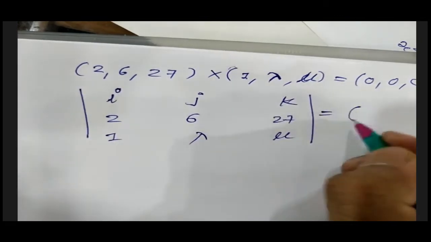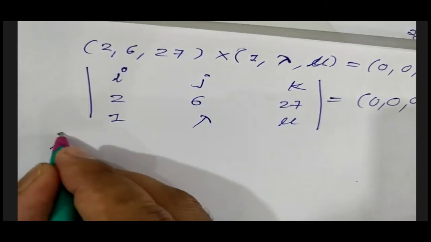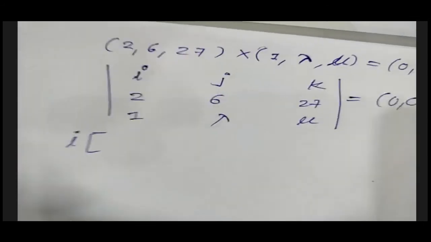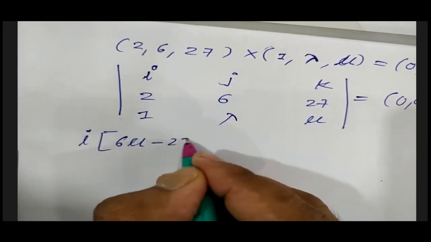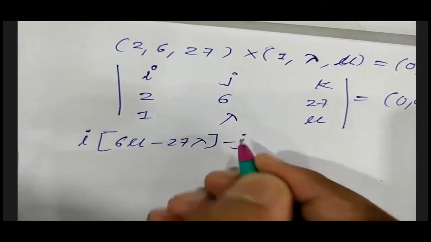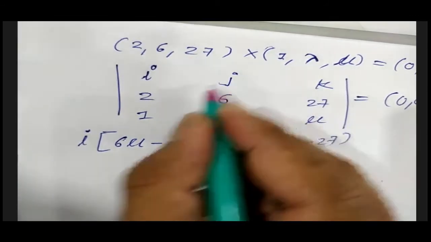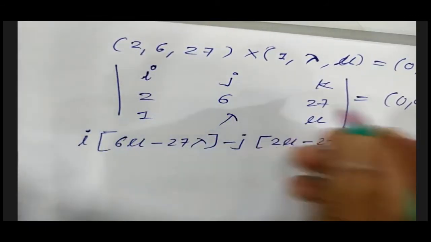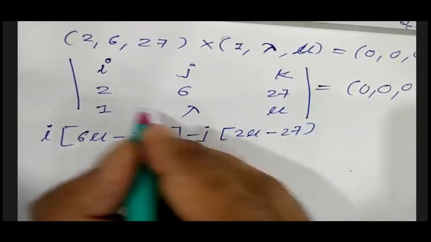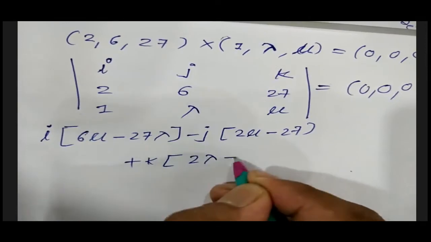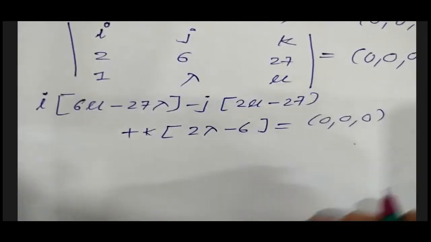The result must be the zero vector, that is 0, 0, 0. Let's find it. For i we have 6 mu minus 27 lambda, for j we have 2 mu minus 27, and for k we have 2 lambda minus 6.